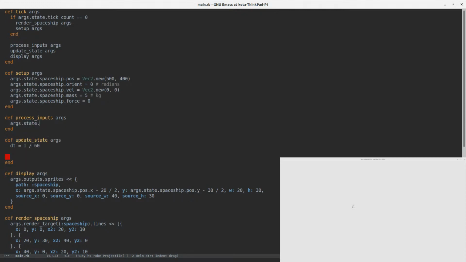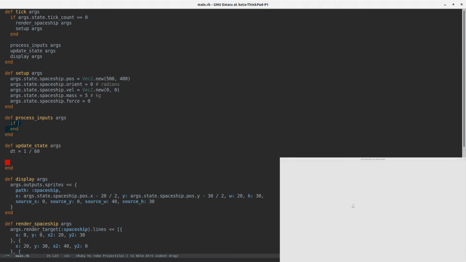Args dot state dot spaceship dot. So I'm gonna say if args dot. So basically the way we drive this around is left will be rotate to the left, right will be rotate to the right, up will be go forward, and I guess backwards won't do anything.